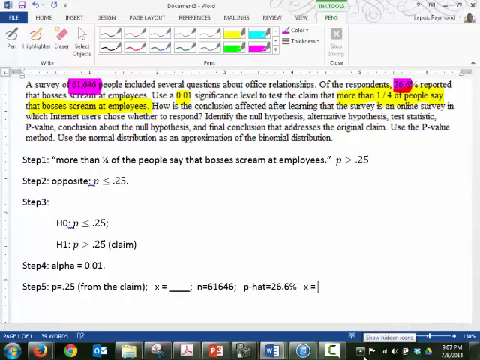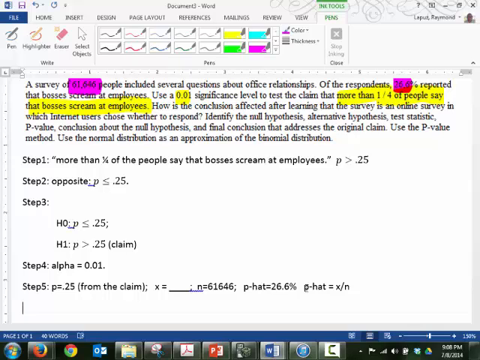So p hat is equal to x over n. So with a little algebra, you can figure out what x is equal to, right?